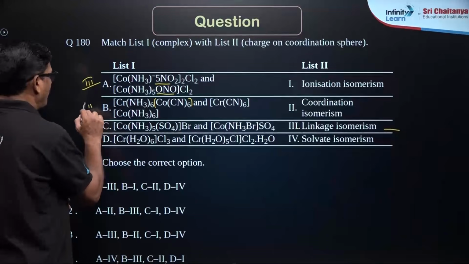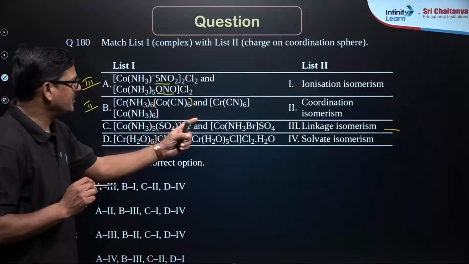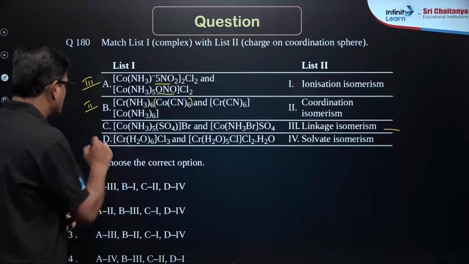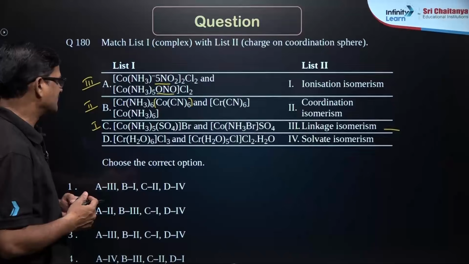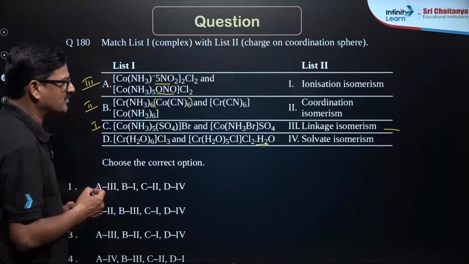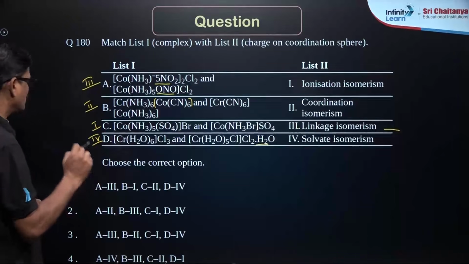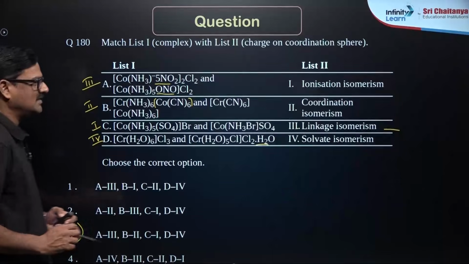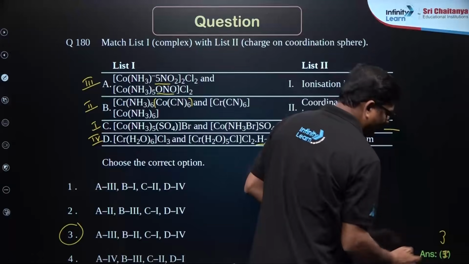Then Co(NH3)5SO4 Br and Co(NH3)5Br SO4 differ in the ions they furnish, so this is ionization isomerism. And you see water molecule inside and outside the square bracket, which is solvate isomerism. So 3 2 1 4. Option 3 is the correct answer for this question.